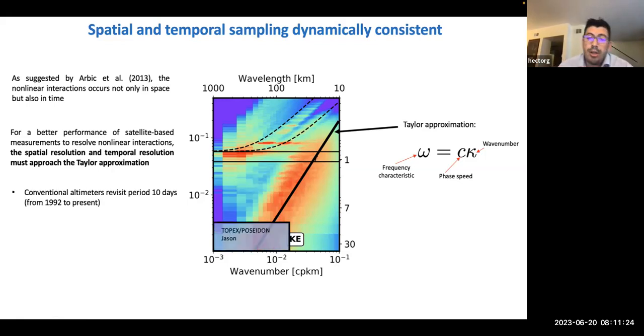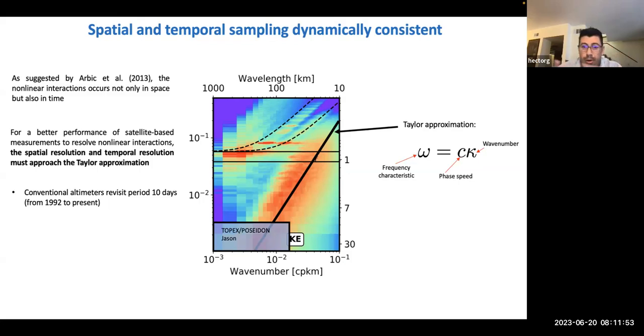So in order to have satellite-based measurements useful for this type of analysis, the temporal resolution and spatial resolution have to be dynamically consistent, in such a way that the combination of the two is close to the Taylor approximation.